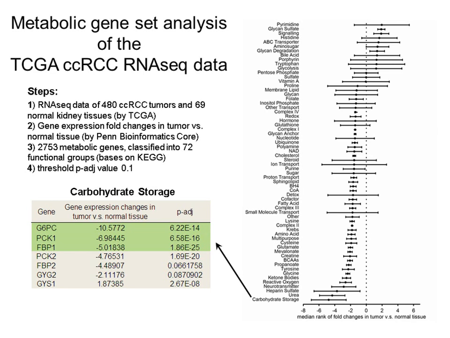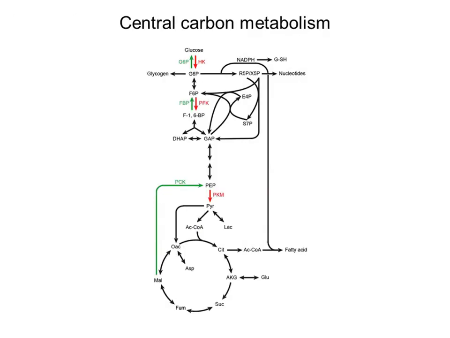The top hit is the catalytic subunit of glucose-6-phosphatase, phosphoenolpyruvate carboxykinase, or PCK1, and then two isoforms of fructose-1,6-bisphosphatase, or FBP1. Now, all three of these enzymes, as shown in the next slide, oppose glycolysis in central carbon metabolism.